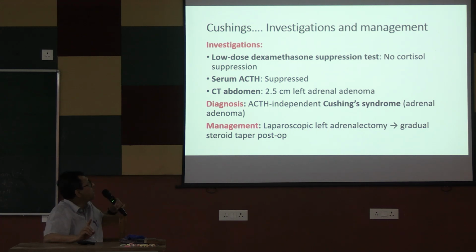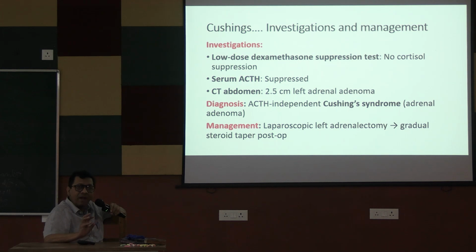So we'll have to find out whether it is a localized disease or a hypothalamic disease, for which we'll have to do a test called the low dose dexamethasone suppression test. In a positive case there is no cortisol suppression. Normally, if we give steroid from outside, the internal cortisol level gets suppressed. Dexamethasone is a synthetic corticosteroid which is given to suppress the cortical secretion by the gland.